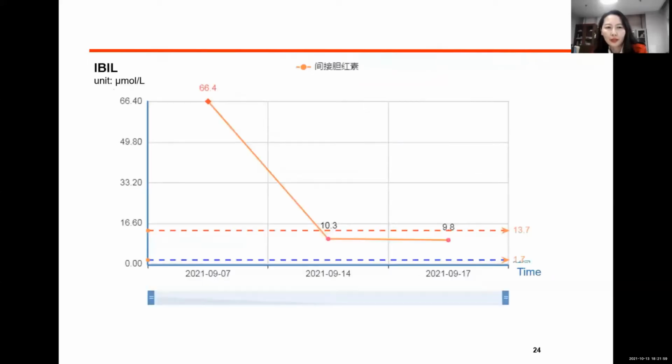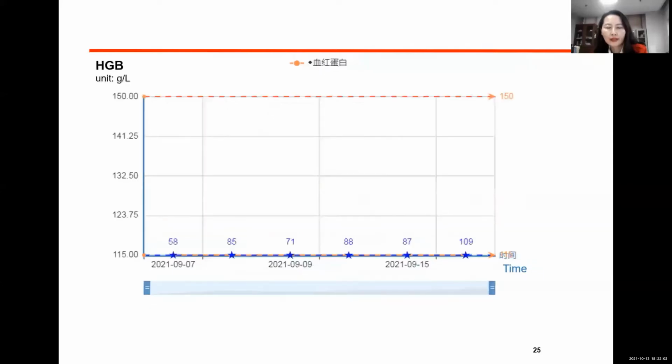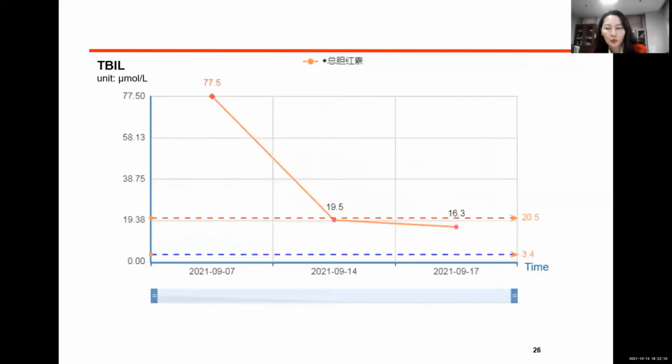This is the indirect bilirubin dynamic curve. This is the hemoglobin dynamic curve. This is the total bilirubin dynamic curve. From all of these dynamic curves, we can see all this data is returning to normal.